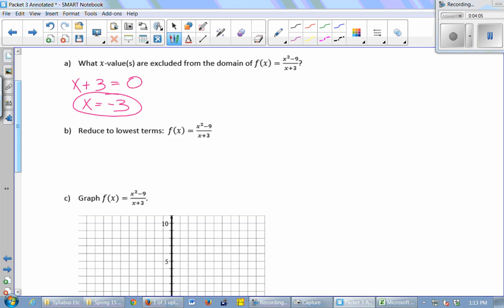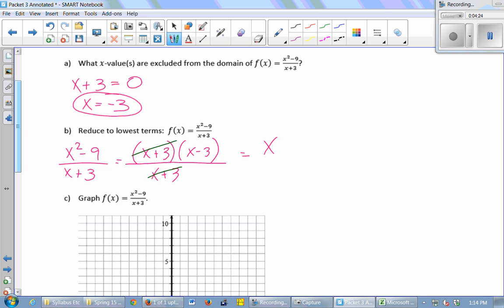That means factor and cancel. X squared minus 9, how does that factor? Okay, so this factors to x plus 3 times x minus 3, over x plus 3, and then my x plus 3's cancel. And I am left with just x minus 3. Okay. And what does the graph of x minus 3 look like?